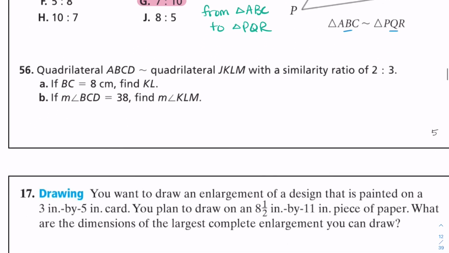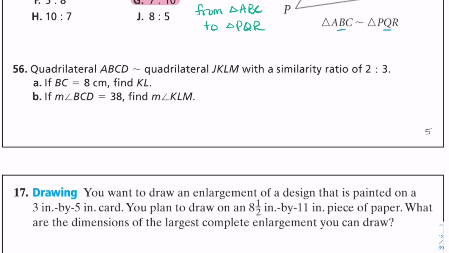So quadrilateral ABCD is similar to quadrilateral JKLM with a similarity ratio of 2 to 3. So what I can do is write 2 to 3 as my similarity ratio. And it says BC has a value of 8. So what is KL? Well, these are in a ratio of 2 to 3.